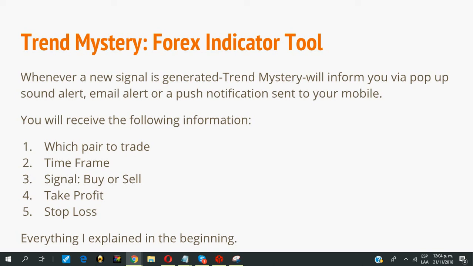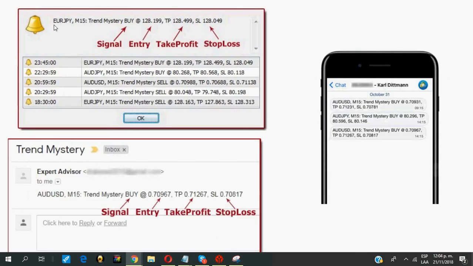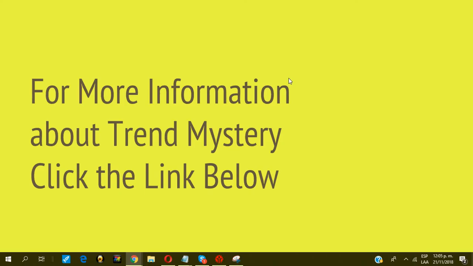As you can see, you will receive everything I explained in the beginning. Here you see which pair to trade, the time frame, the signal if it's a buy or a sell, the price entry level, the take profit, and the stop loss.